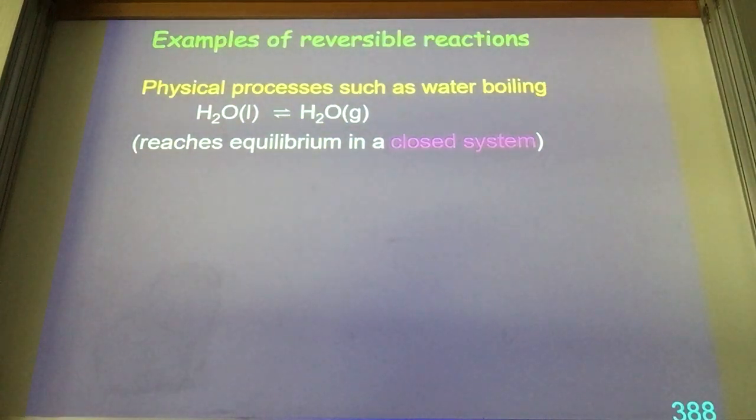And examples of reversible reactions. Obviously there are the classic chemical reactions, production of ammonia, production of sulfuric acid, but even physical processes like boiling water can be thought of as an equilibrium situation. It's a reversible reaction that can reach equilibrium, but it can only reach equilibrium if we've got a closed system, if we stop the water vapour escaping.